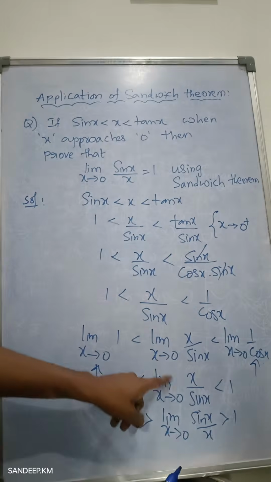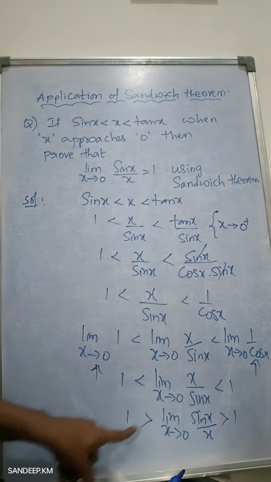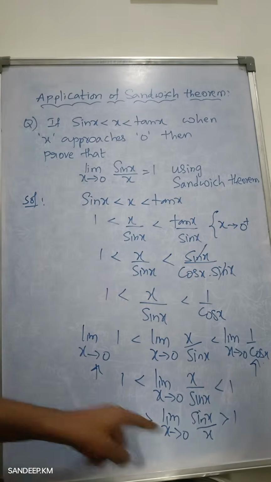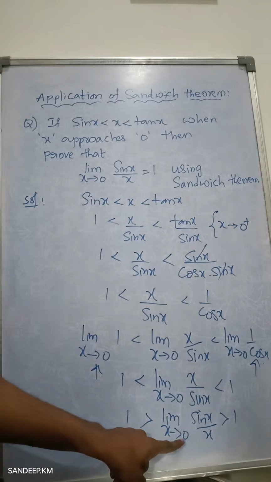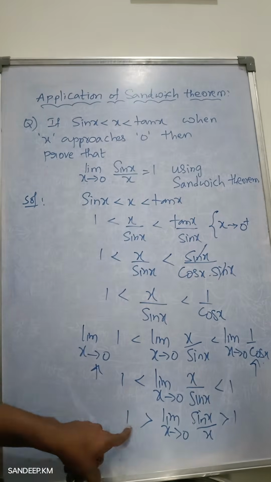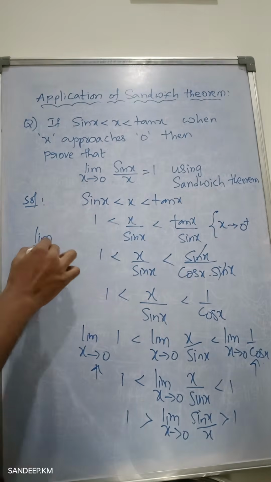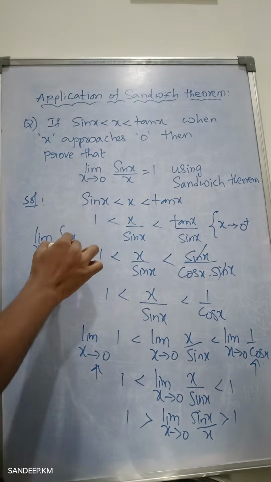When I take reciprocals, this reciprocal will come here and this reciprocal will come here since both are positive. Observe that the limiting value of sin x by x is sandwiched between 1 and 1, which means that limit x approaches 0 of sin x by x is equal to 1.